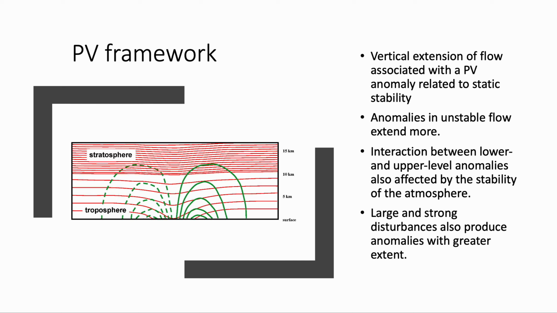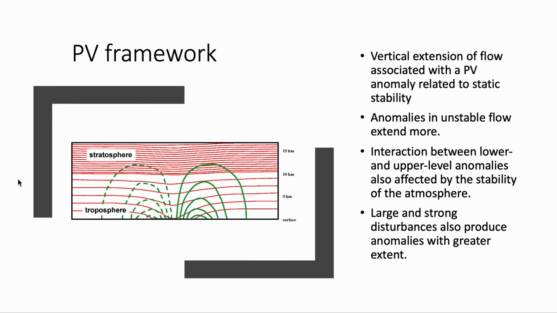Okay, and this represents a simple case where we have this figure over here. Here we have the red lines that represent isentropes, as always, and we're thinking about surface level positive vorticity, positive PV, and this is related to some surface warm potential temperature anomaly.